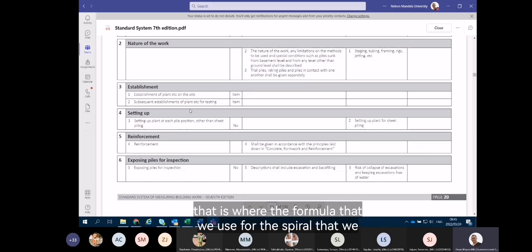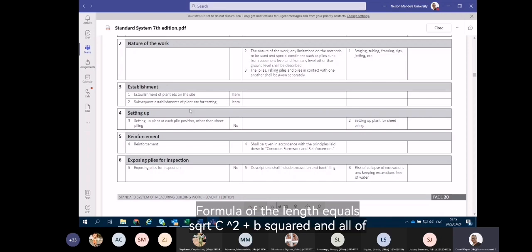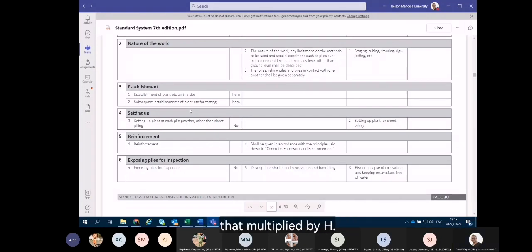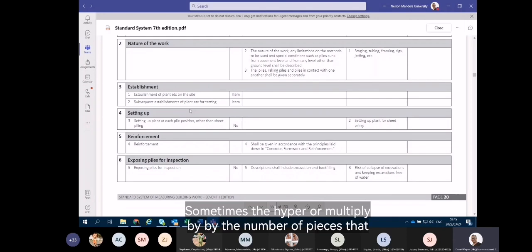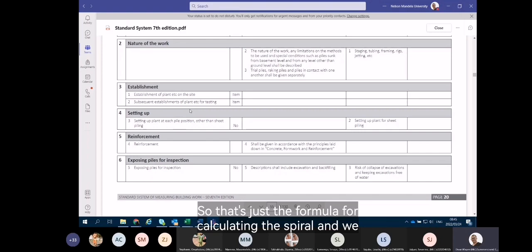That is where the formula that we had in first year comes in: the length equals the square root of c squared plus p squared, all of that multiplied by the height, or multiplied by the number of p's that we would have. So that's just a formula for calculating the spiral. It shall be given in accordance with the principles laid down in concrete formwork and reinforcement, and our reinforcement is measured in tons.